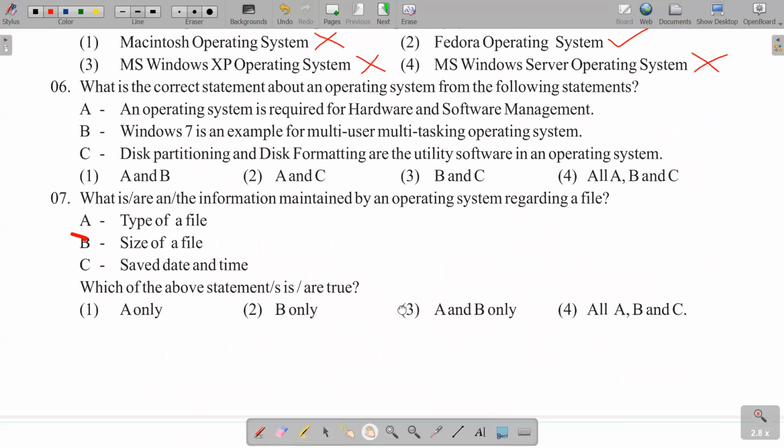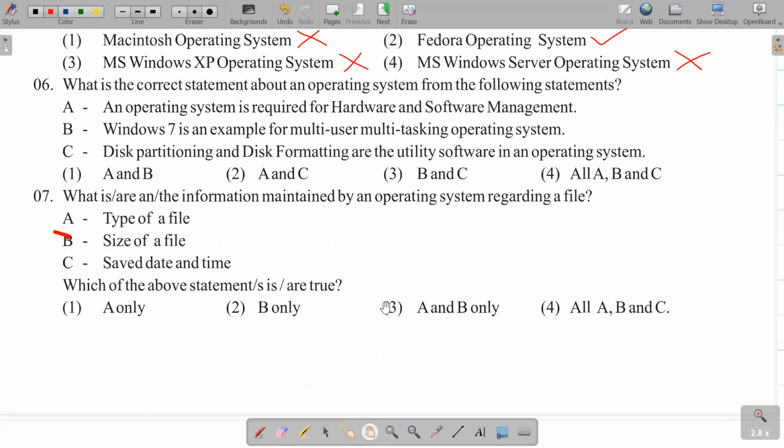Okay, so next you have given me the 7th to discuss. The 7th asks what information is maintained by an operating system regarding a file. I think I told you to omit 7 and 8.